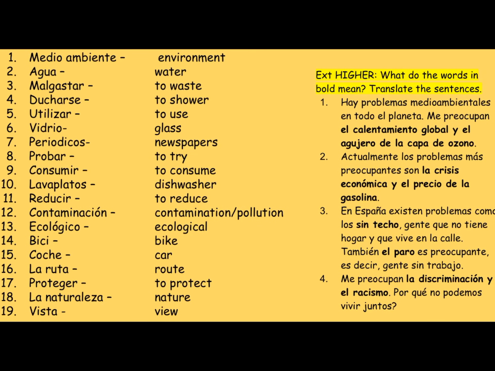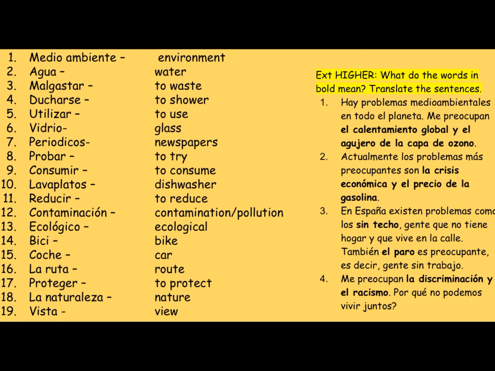Okay, so hopefully you paused before looking at the answers. So looking through 1 to 19 then, you can see you've got these keywords. So we've got medio ambiente is the environment, agua is water, malgastar, an AR verb, is to waste, ducharse, one of the reflexive verbs. So remember, we looked at those at the beginning, where the se goes to the front of the verb and you change it.